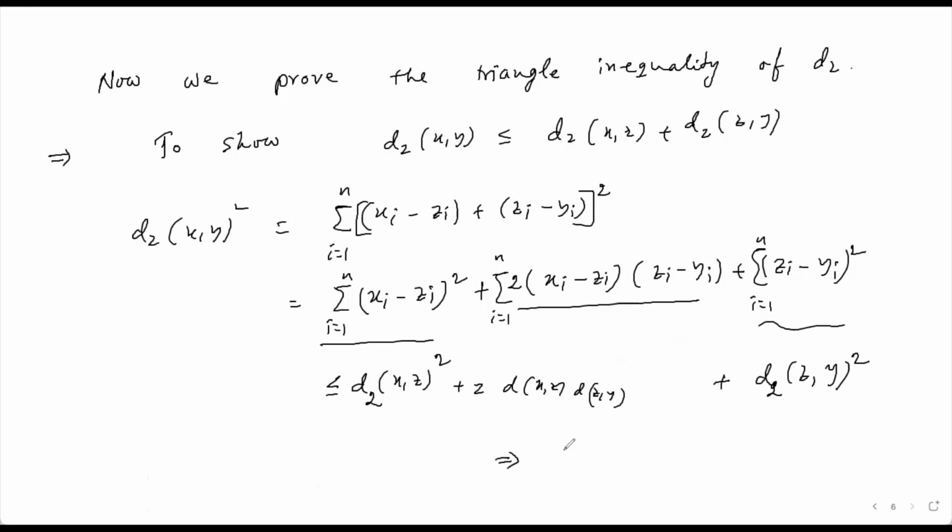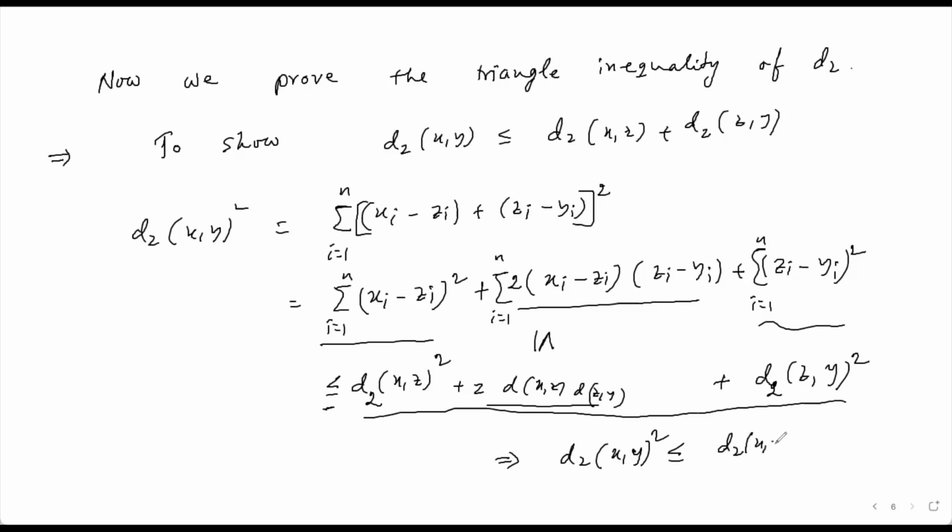Now this implies d2 of (x, y) squared is less than or equal to this quantity, because the middle term is less than or equal to it. So we have an inequality here. This is nothing but (d2 of (x, z) + d2 of (z, y)) whole squared. Note this is not y, this is z.